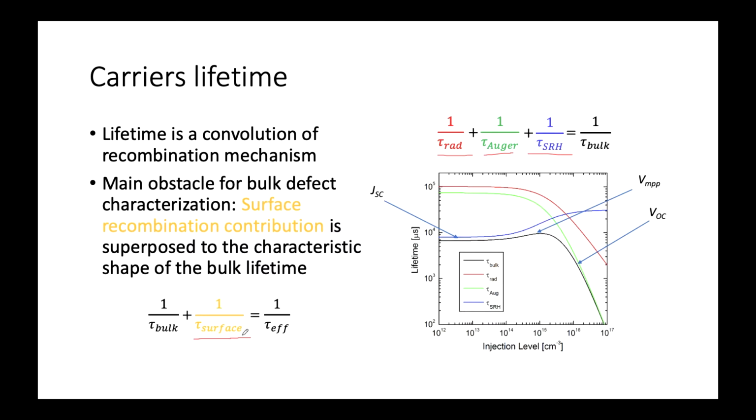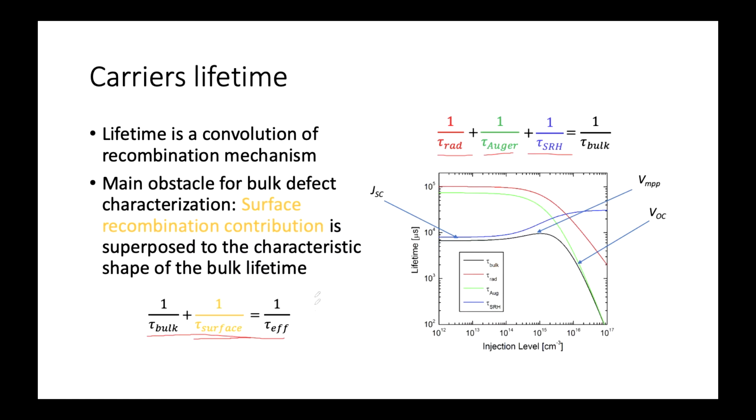The main obstacle for bulk defect characterization is that often the shape of the contribution from the surface is superposed to the bulk, as we can see down here in this mathematical equation. Usually, because of that, the surface recombination is just considered constant or completely ignored. But in this work, we are going to explore the methods to separate the bulk lifetime from the effective lifetime.